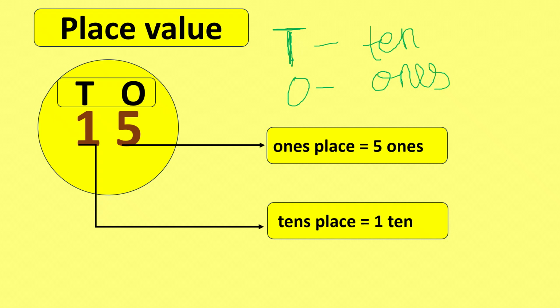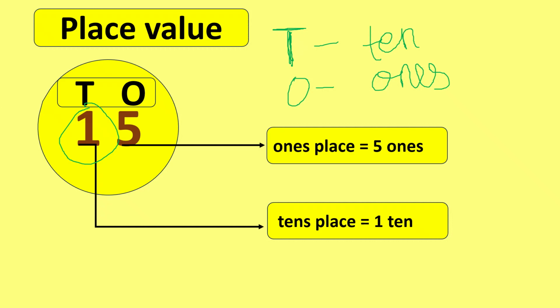Look at here. T stands for 10 and O stands for ones. So 5 is in the place of ones and 1 is in the tens place.